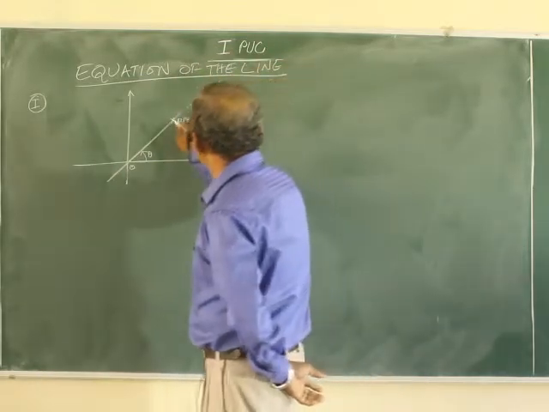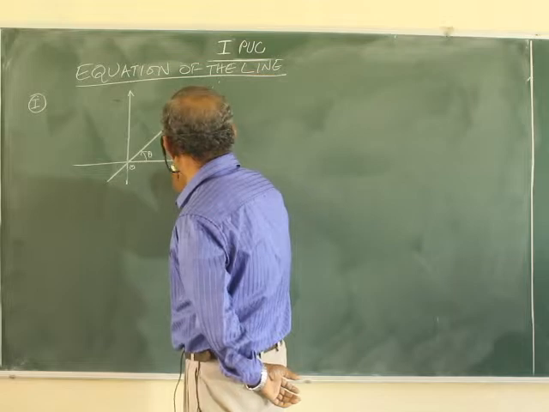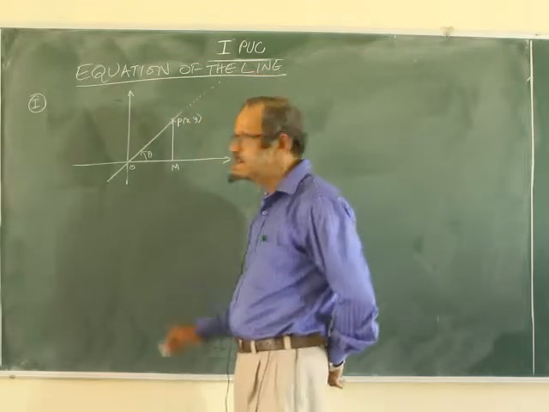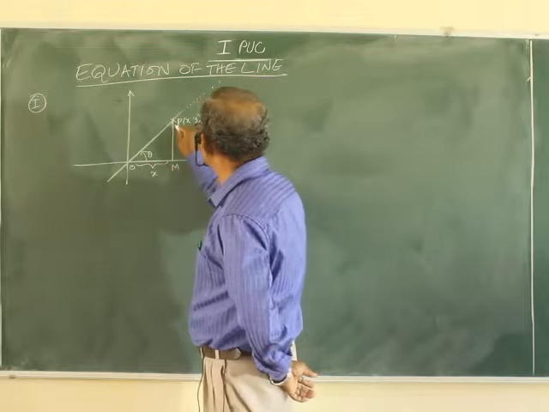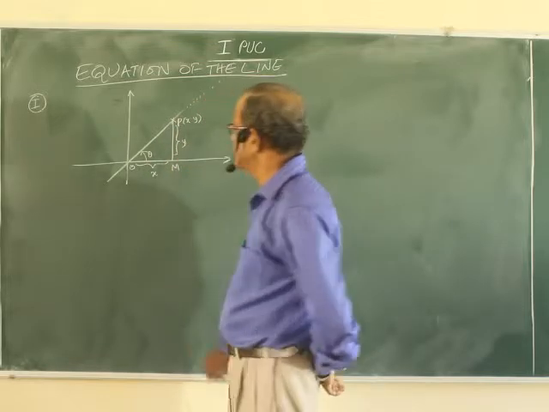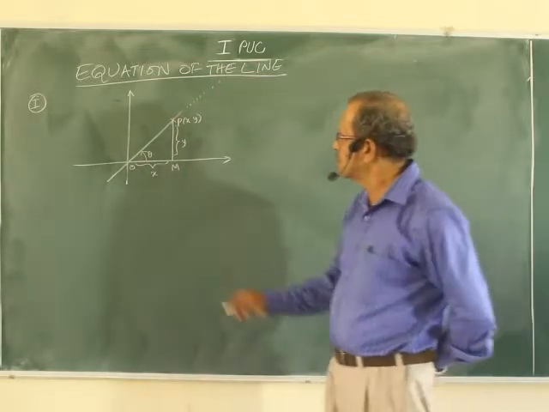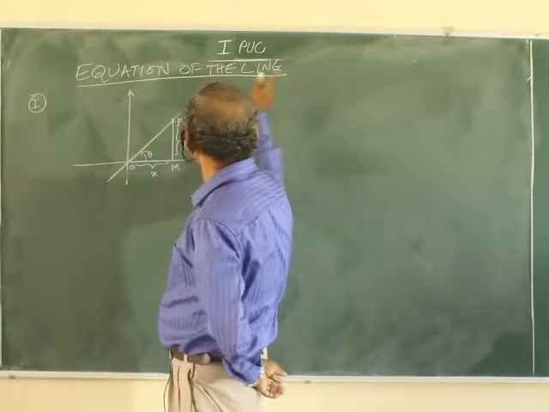Right. P(x, y), let me drop a perpendicular, PM. This is x coordinate. This one is y coordinate. Now, equation of the line.